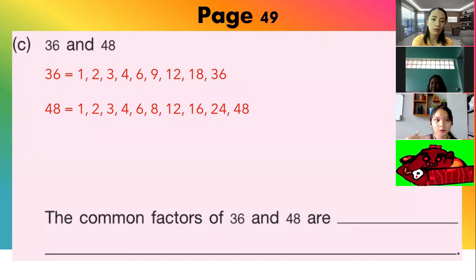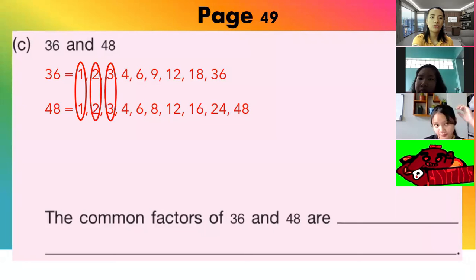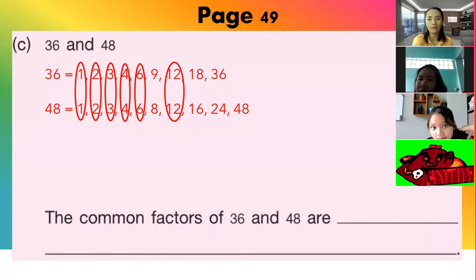Next, give me the common factors of 36 and 48. What are those numbers? 1, 2, 3, 4, 6, and 12. Very good.